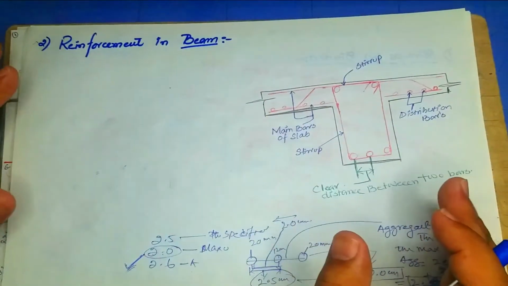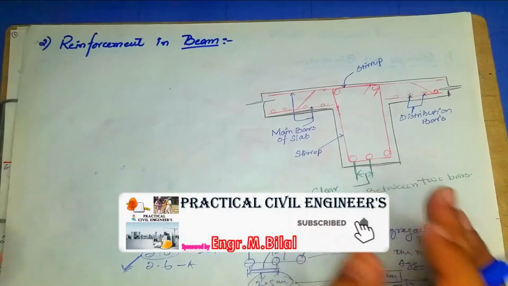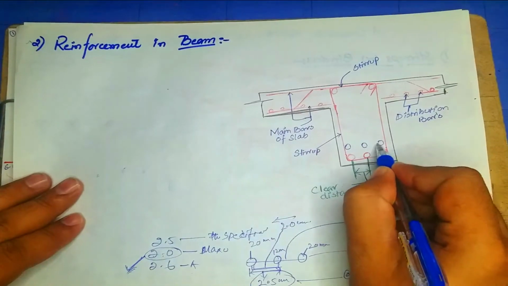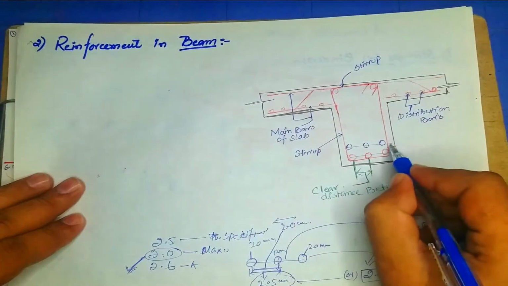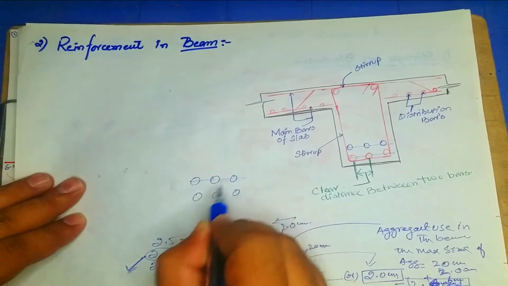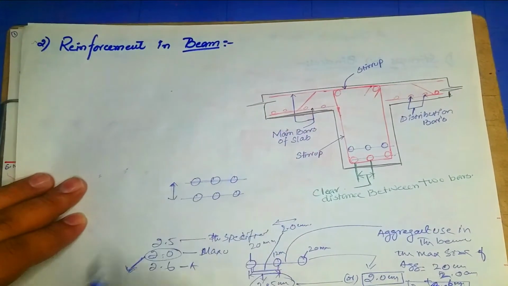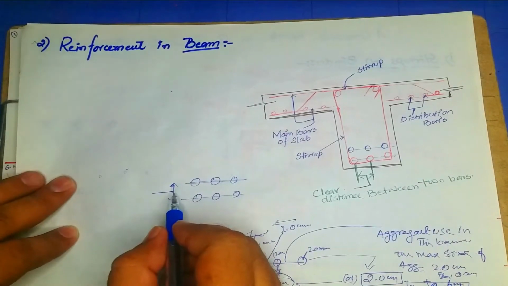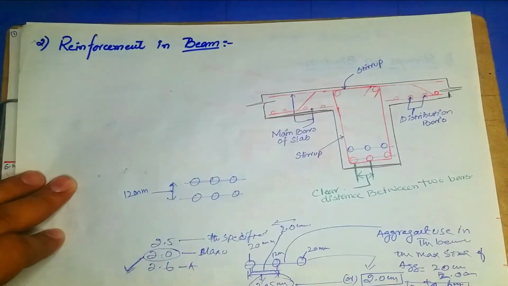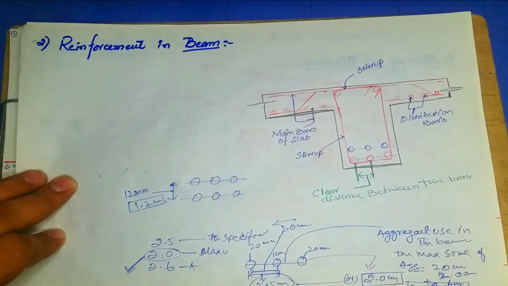The minimum clear distance between two layers: let's suppose I am going to provide steel reinforcement in a beam in two different layers.